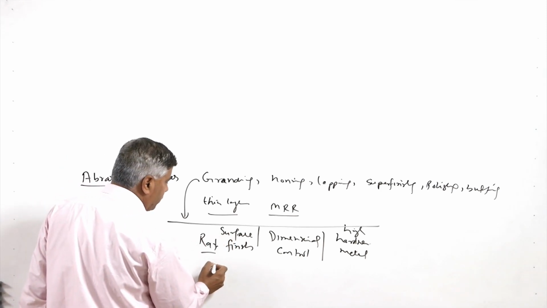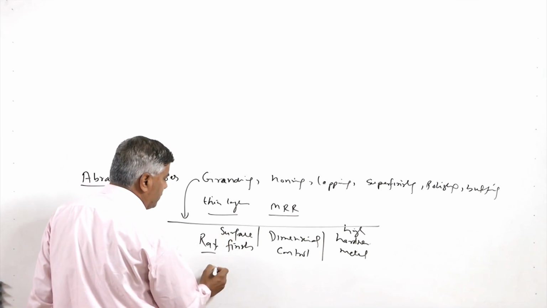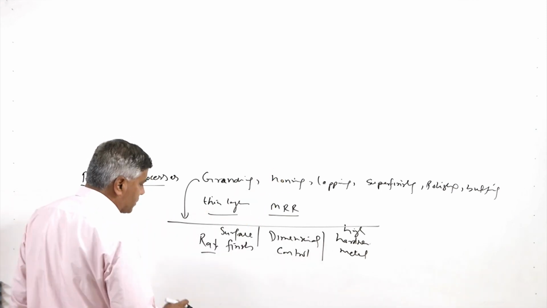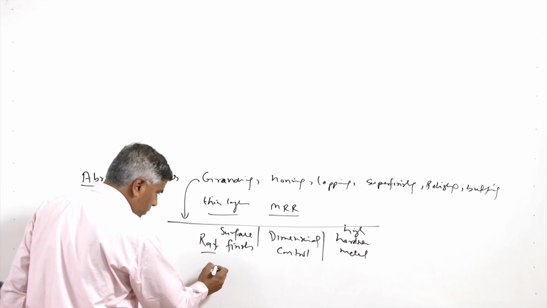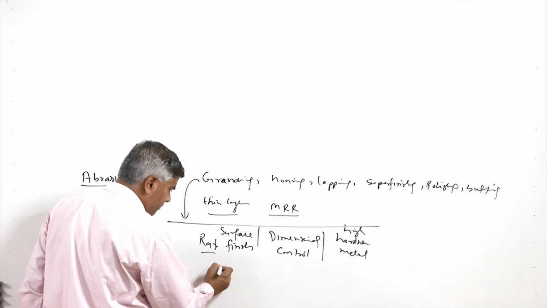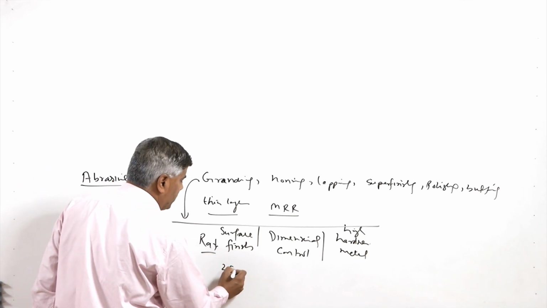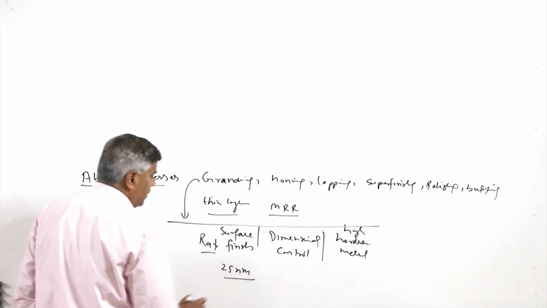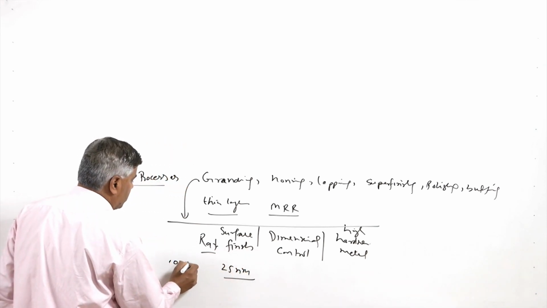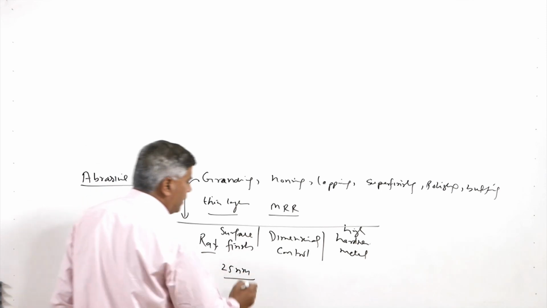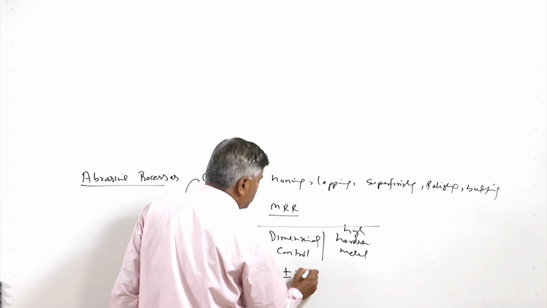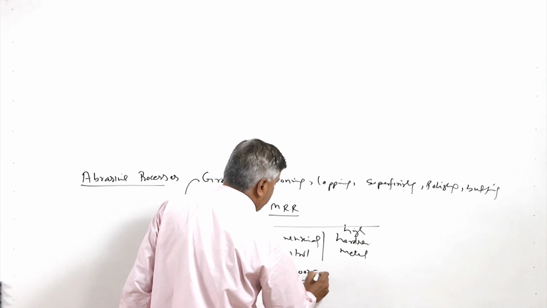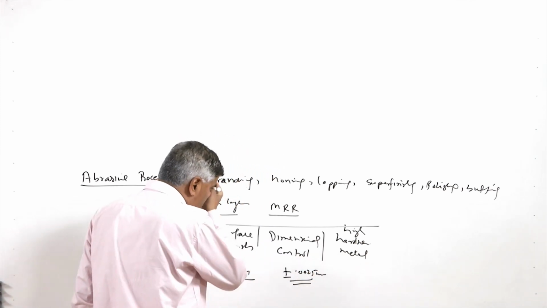In terms of finish, the abrasive based processes can help realize a very low surface roughness, wherein Ra can be as low as 25 nanometer, which corresponds to 0.025 micrometer, and very close dimensional control like 0.0025 can be achieved.